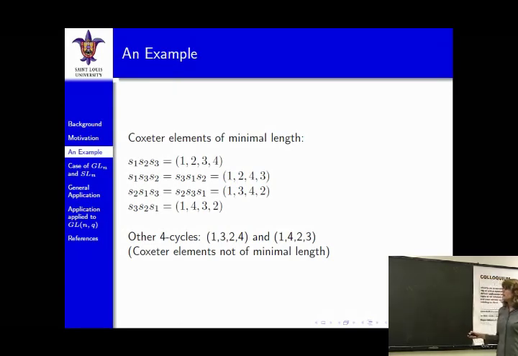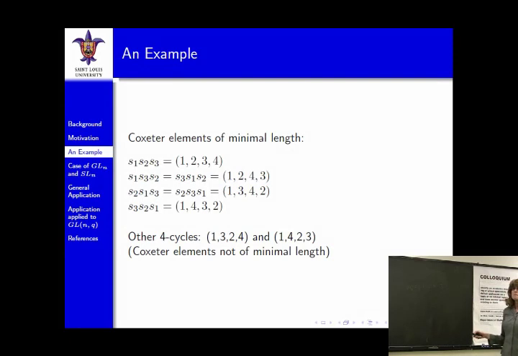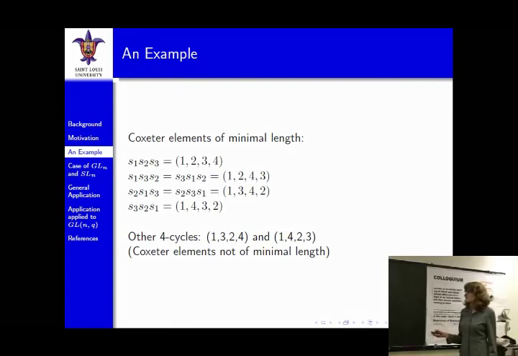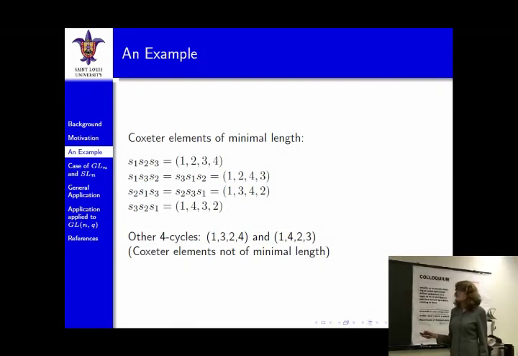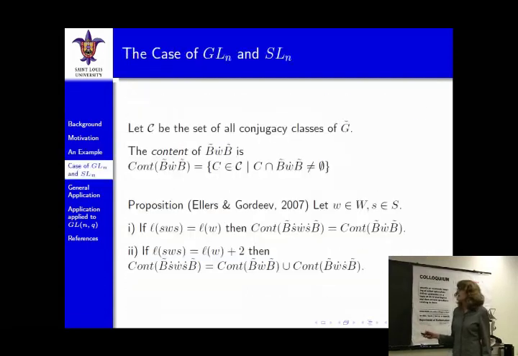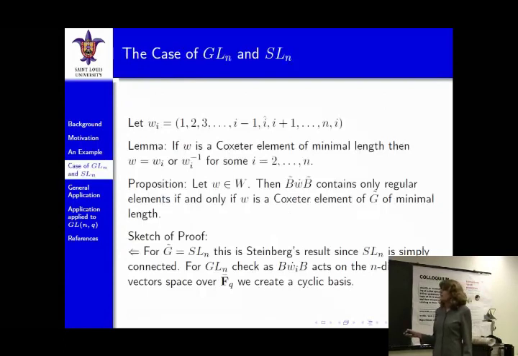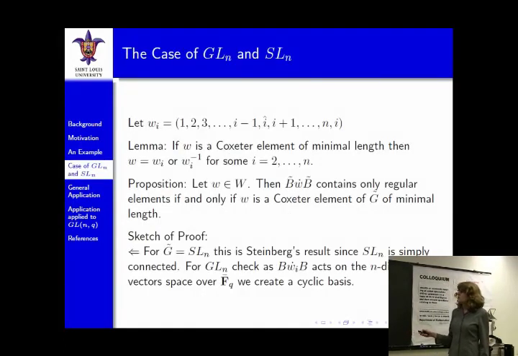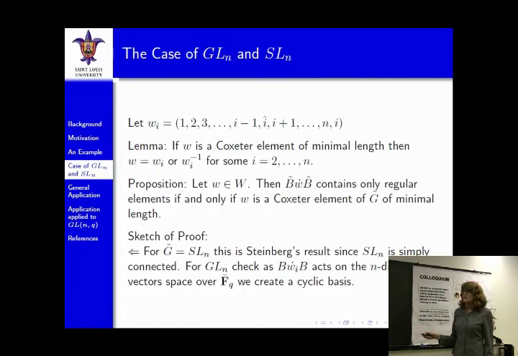And neither one of these is of that form, or the inverse. So in fact, a Coxeter element is of minimal length in these algebraic groups if it's of the form WI or WI inverse.